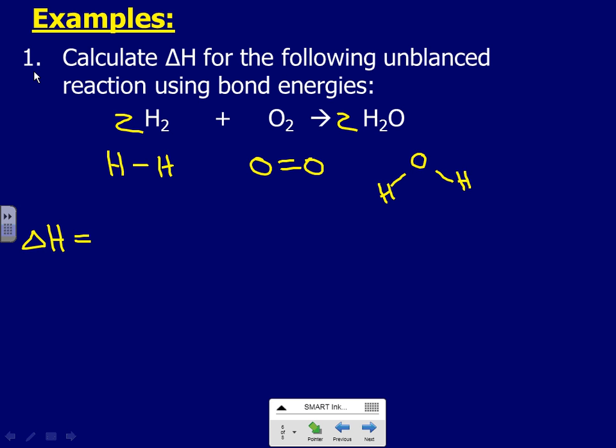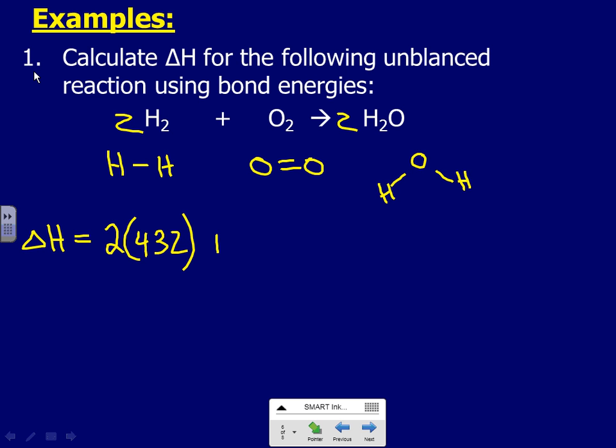So in the textbook, it's going to have N of the H single bond H, and they're going to use subscripts and all this big kind of fancy equation, but that's overkill. If I look at my chart, H single bond H is 432, okay? So I'm going to break 2 of those. 2 times 432. I've located that on here, and I'm just determining how many of those bonds I have.